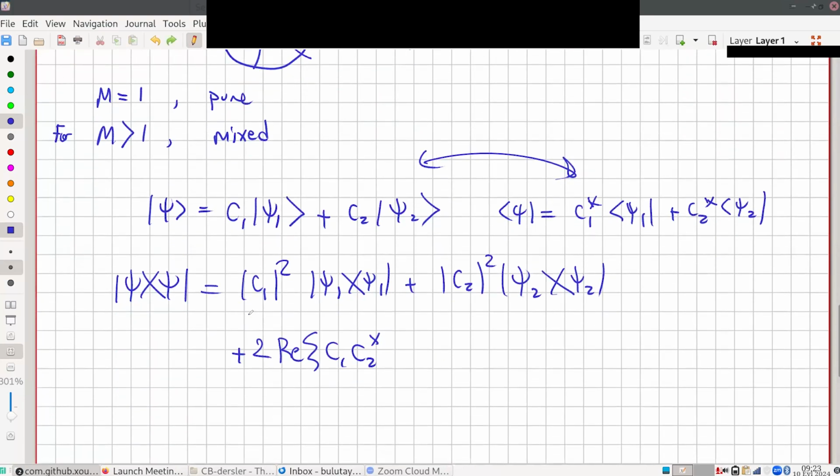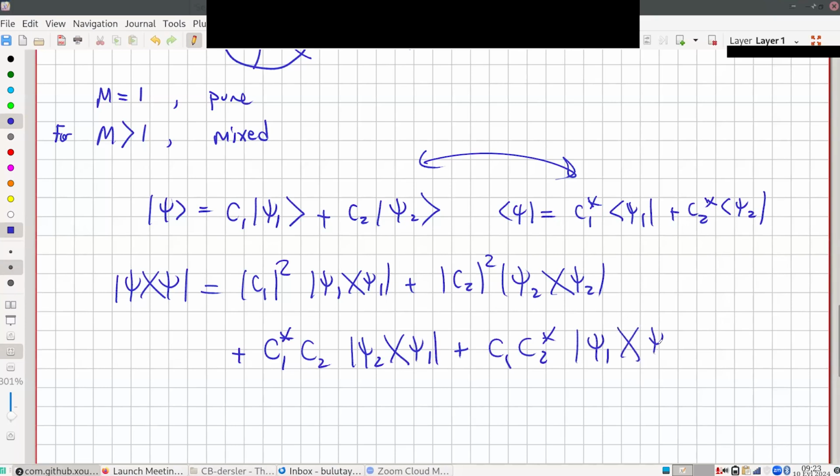Let me write it in full form: C1 star C2, plus permutation conjugate.